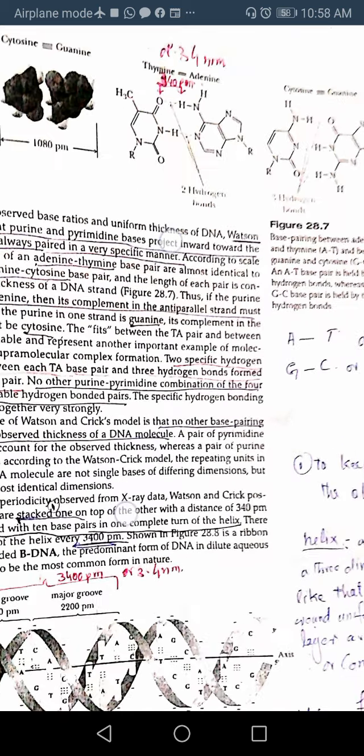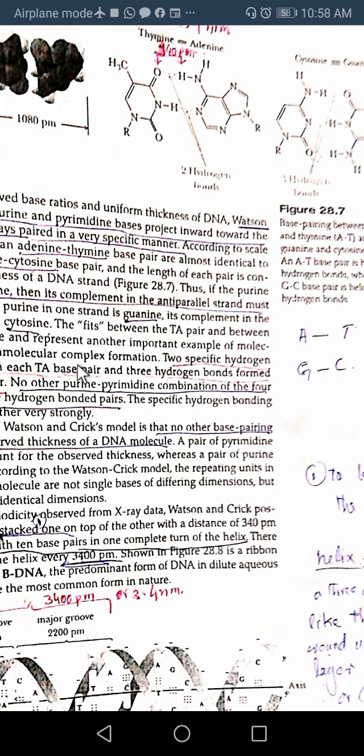Thus, if the purine base in one strand is adenine, then its complement in the antiparallel strand must be thymine.